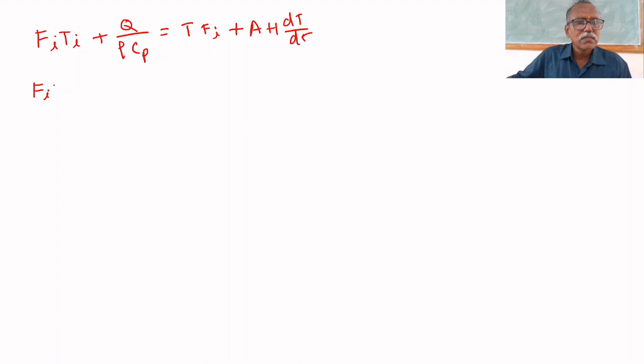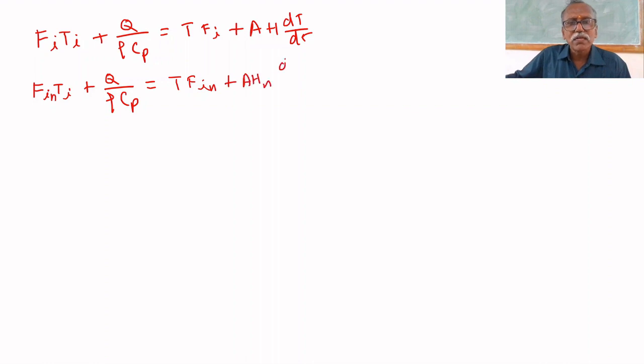Fi Ti plus Q upon rho Cp equal to, at nominal level, Fi also nominal, inflow rate also nominal, T Fi nominal becomes constant, plus Ah nominal dT by dt. This is true for changes, let us assume. Now the equation is for changes.